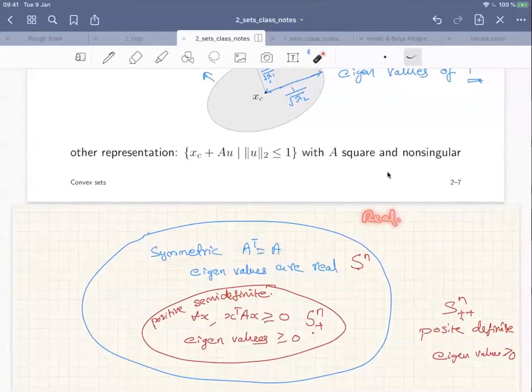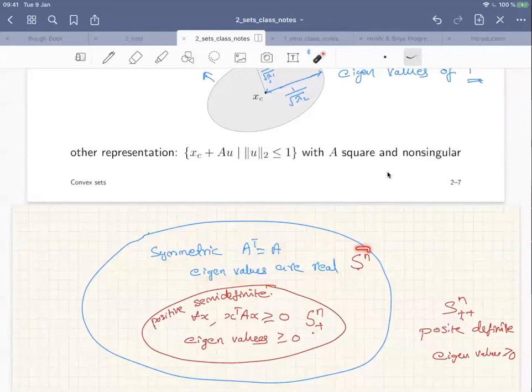A similar definition using Hermitian matrices can be made for complex valued matrices, but here our discussion is with respect to real matrices. If you take the transpose of a matrix and get the same matrix, then that matrix is a symmetric matrix. One of the interesting properties of such matrices is that the eigenvalues of symmetric matrices are real.